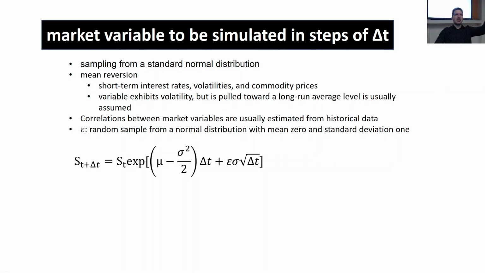It's not creating any kind of sudden trends, and it's not like a Markov process where it can go to other systems. It just behaves nicely. So short-term interest rates, volatilities, and commodity prices are affected by this mean reversion. The variable exhibits volatility, but is pulled toward a long-run average level, usually assumed. So usually we are fluctuating around 0.